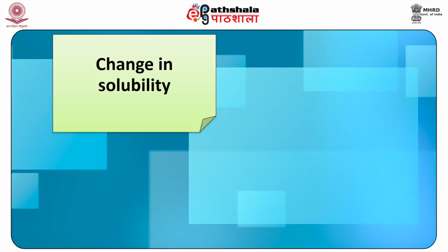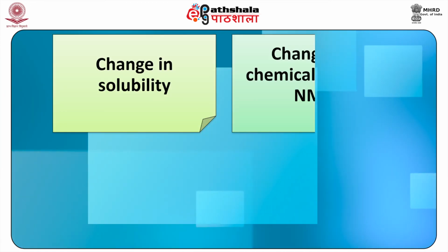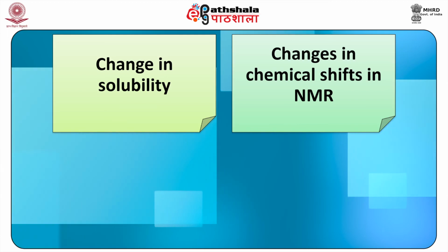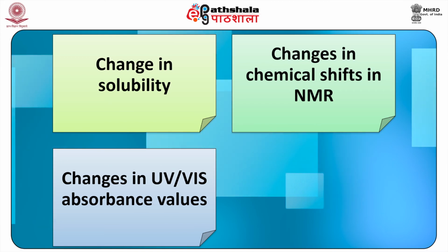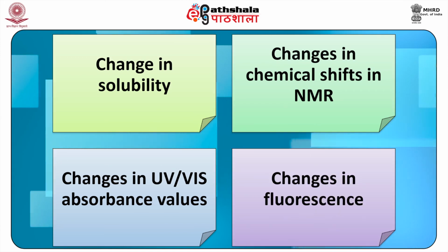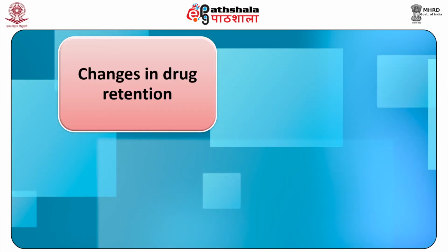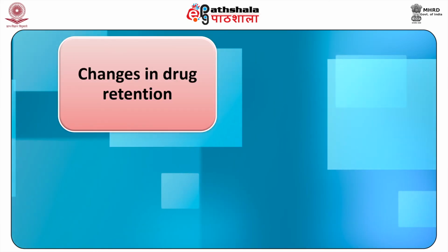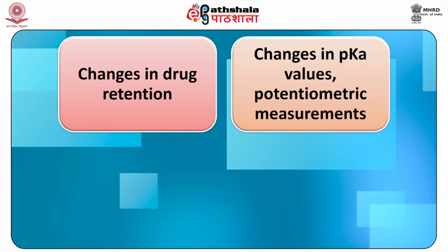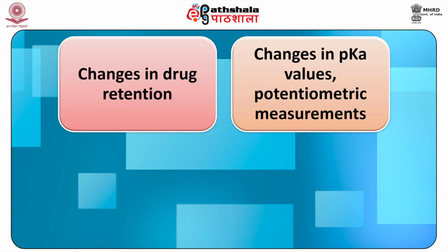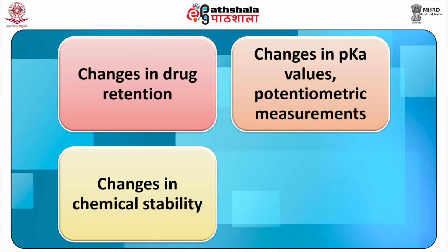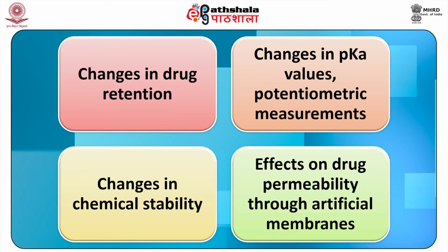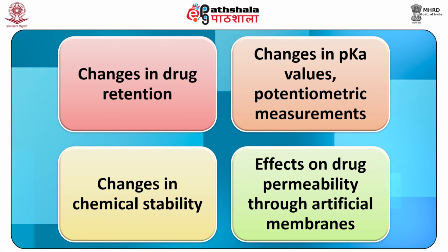Some changes that occur on complexation are change in solubility, change in chemical shifts in NMR spectroscopy, changes in the UV visible absorbance values, changes in fluorescence, changes in drug retention, for example in liquid chromatography, changes in pKa values or potentiometric measurements, changes in chemical stability, and effects on drug permeability through artificial membranes.